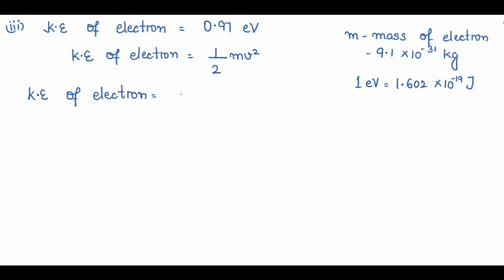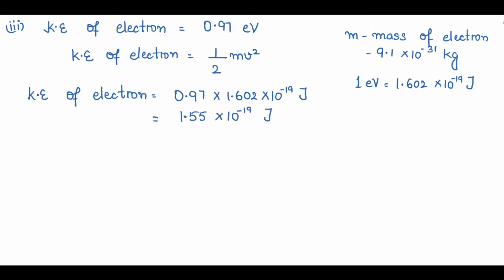Simply put the value over here, 0.97 into 1.602 into 10 raised to power minus 19 joule. When you multiply 0.97 with 1.602, your answer will be 1.55 into 10 raised to power minus 19 joule.